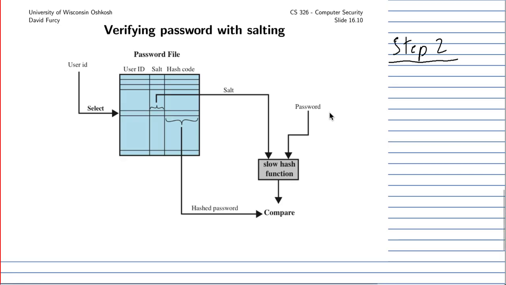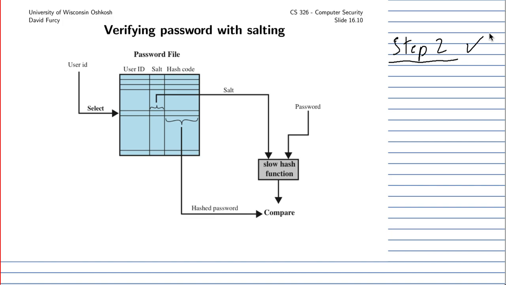The system is going to look up the user based on their user ID in the password system file. It is going to find the entry for the user, recover the salt, grab the salt, concatenate it to the password in the same order that this was done in step 1. So in this case, the salt and then the password. It is going to hash the resulting string and then compare the result with whatever hashed salted password was stored in the system file. If there is a match, then the user is authenticated. Otherwise, they have to try again.